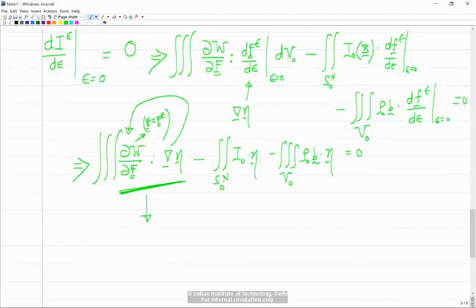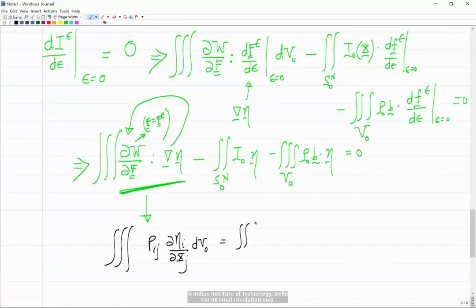So this one we can write as, and we know del W del F is P, isn't it? So it is Pij into del eta I over del xj, isn't it?